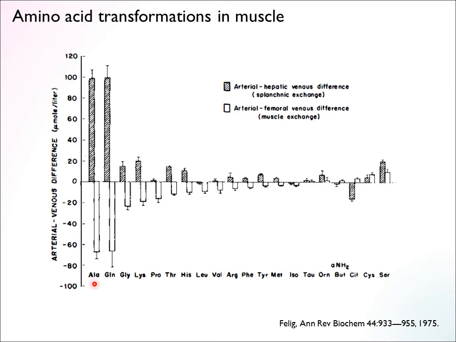So alanine and glutamine are thought to be major amino acids, which are produced by muscle in cases of nutrient starvation, and which are taken up by other tissues in the same conditions.